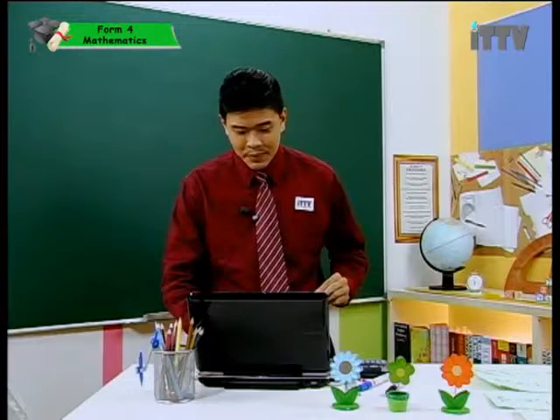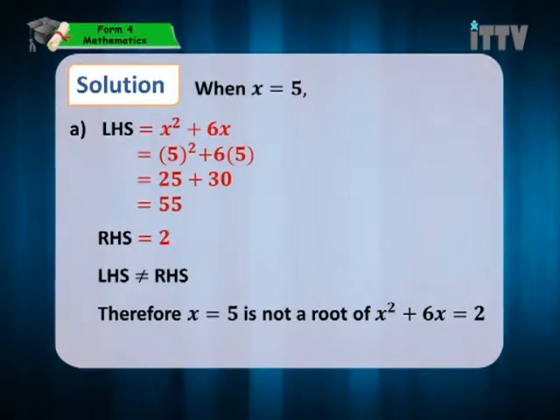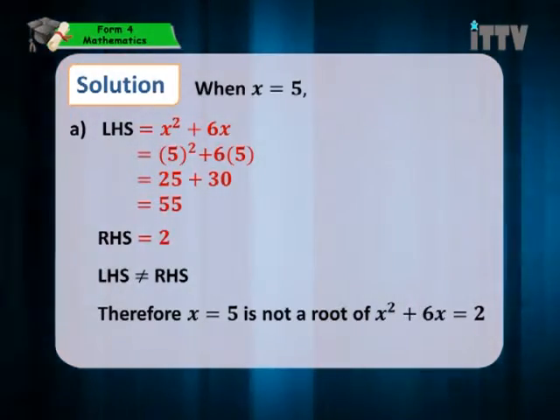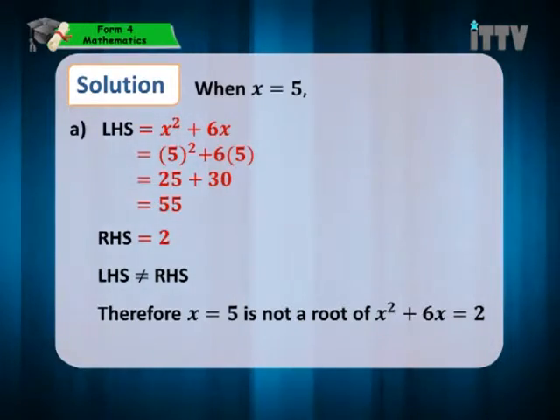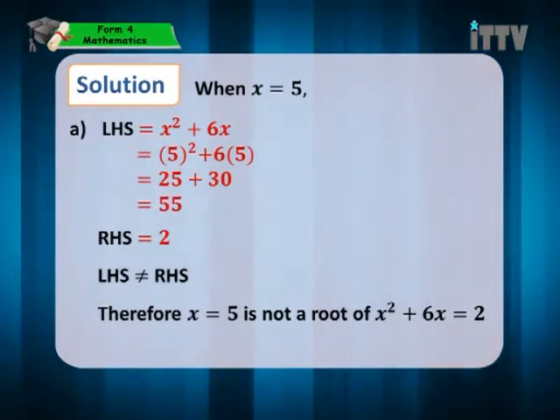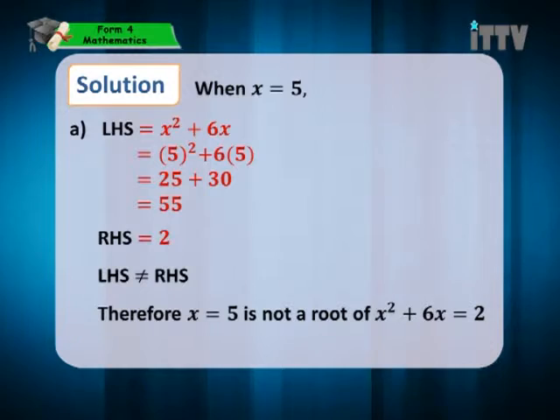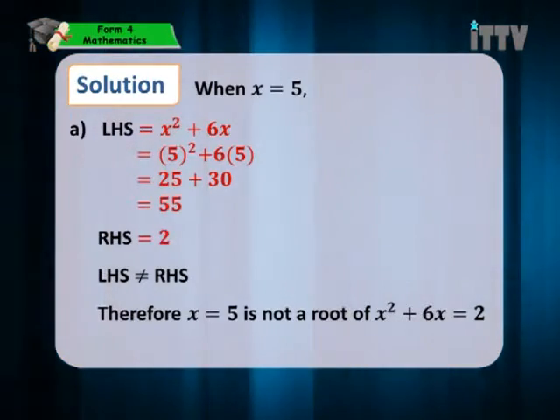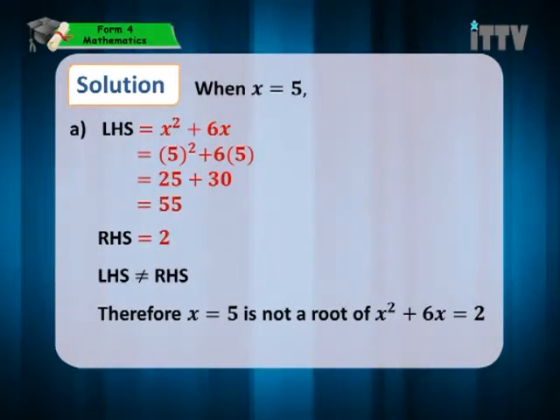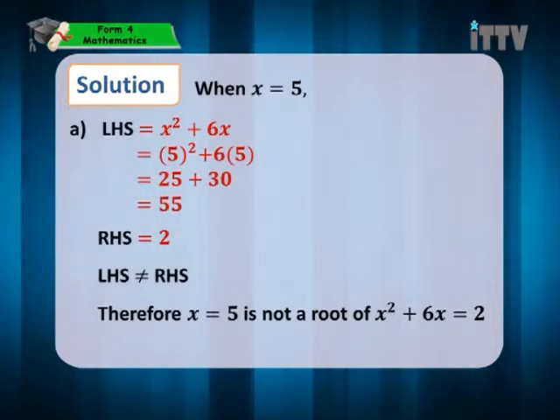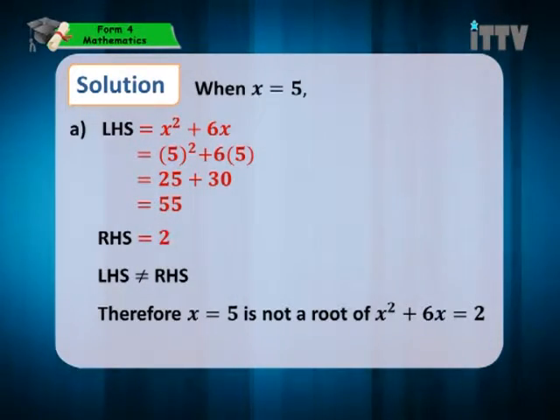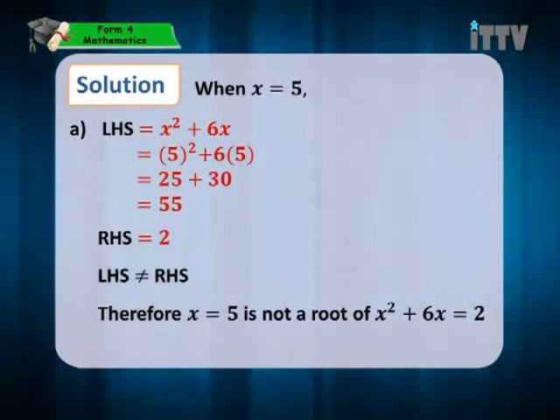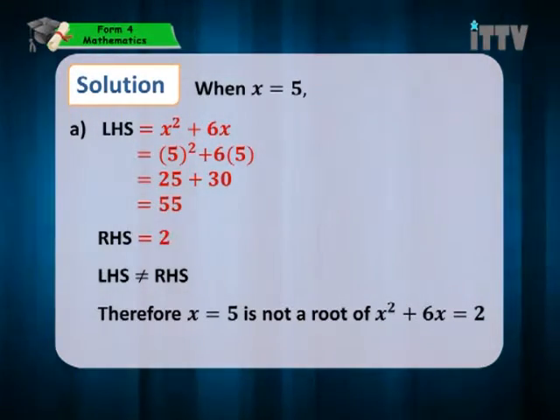So remember the steps. When x equals 5, in the left-hand side, substitute 5 as x. So x squared plus 6x, when x is 5, becomes 5 squared plus 6 multiplied by 5, which is 25 plus 30, the value is 55.